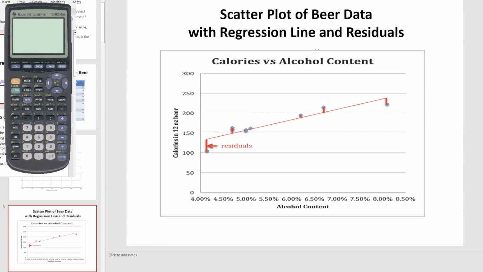The regression line is the line that makes the square of the residuals as small as possible. So the regression line is also sometimes called the least squares line as a result. The regression line and the residuals are displayed here in this graph.